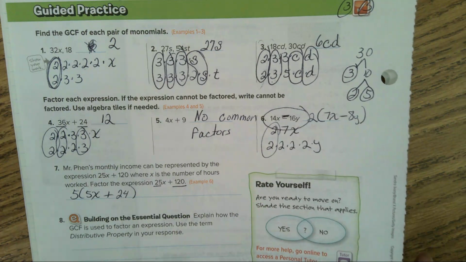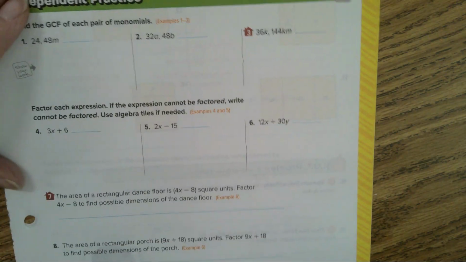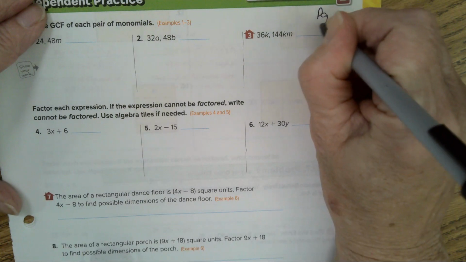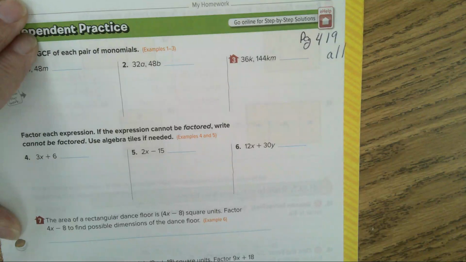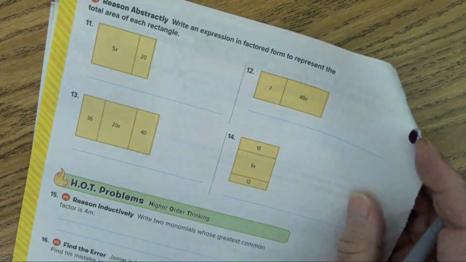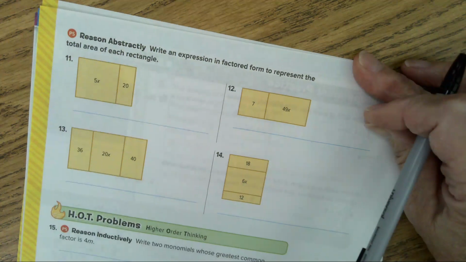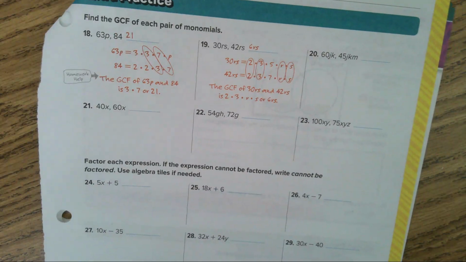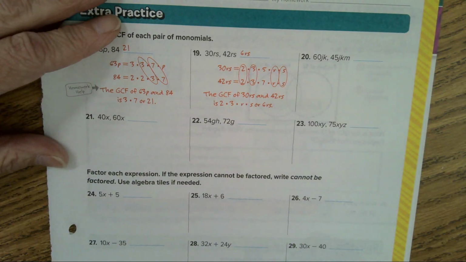All right, now let's go to what I want you to do for homework. I want you to do page 419 all, and then let's turn to page 420. I don't think I want you to do any of the problems on page 420, and on this page we're not going to do any of the problems on the bottom.